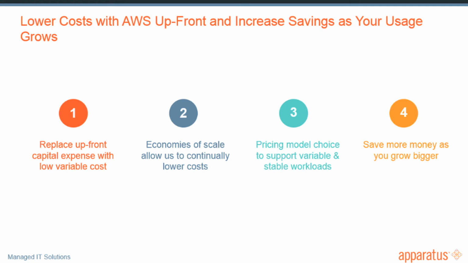Another reason is you can lower your costs up front and increase the way you save as you grow in Amazon. To cover each of these points on the slide, with number one, take the example that you don't really know exactly how many resources you need to start a project or to move forward with running your applications.